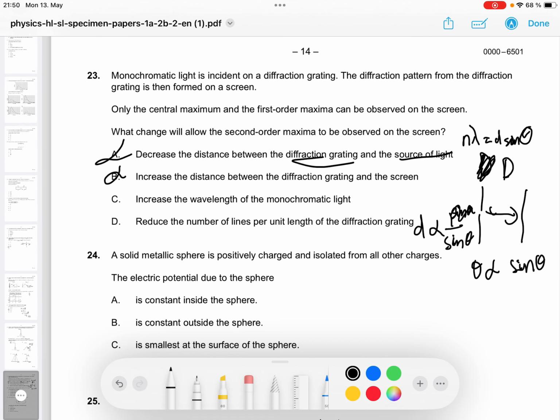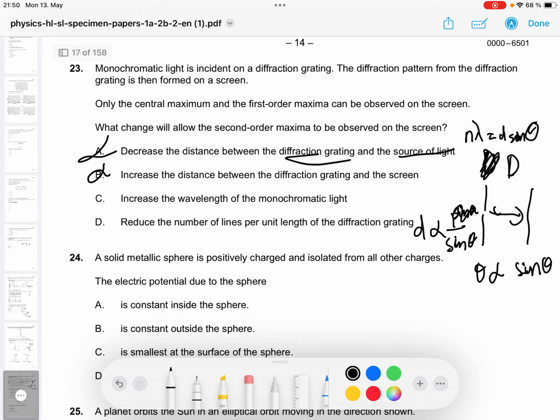Therefore, we must try and decrease the angular separation. So as theta is directly proportional to sine theta, and we decrease sine theta by increasing d, option D must be the right answer.